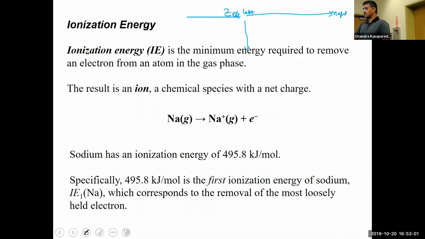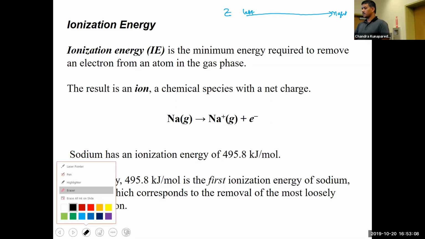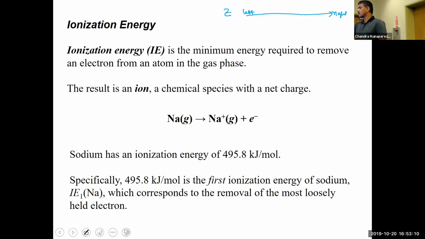It's always a little bit dangerous to talk about the order from top to bottom for Z effective, because you're adding more protons but also more shells, so you can't say for sure that it is increasing. The only thing you can say for sure is that Z effective is certainly increasing from left to right.